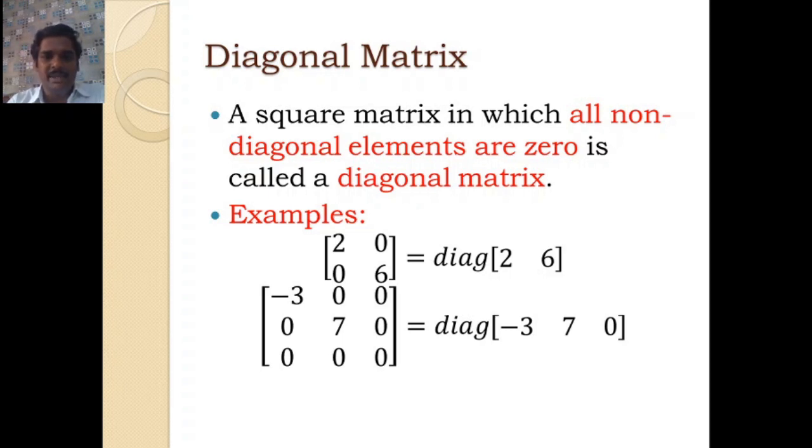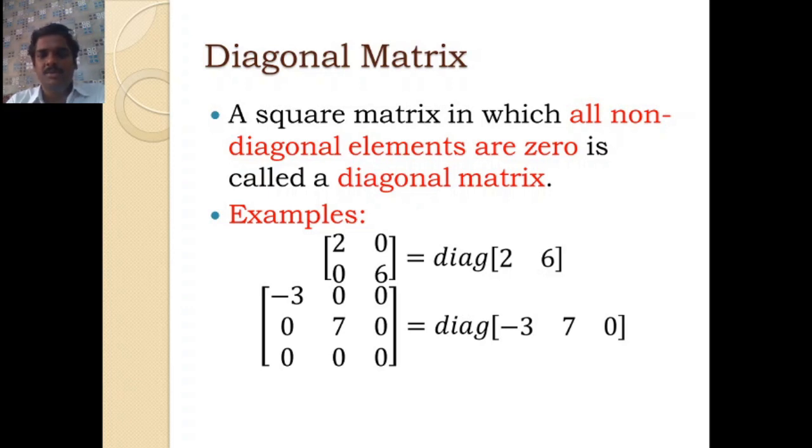In the second example I have diagonal entries minus 3, 7 and 0 and rest of the places are 0, that is non-diagonal element 0. So to construct an example of a diagonal matrix, you just have to put non-diagonal element 0 and on the diagonal you can put anything, either a 0 element or you can have a non-zero element.